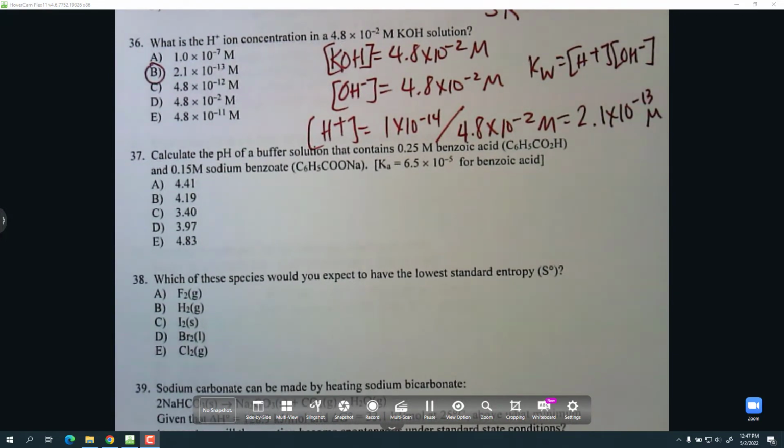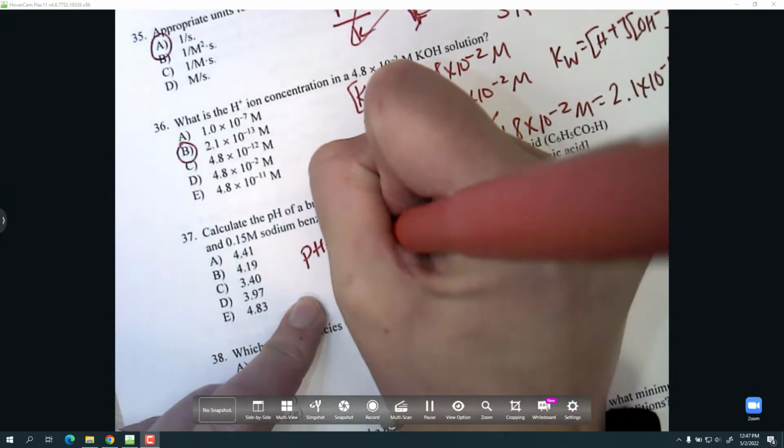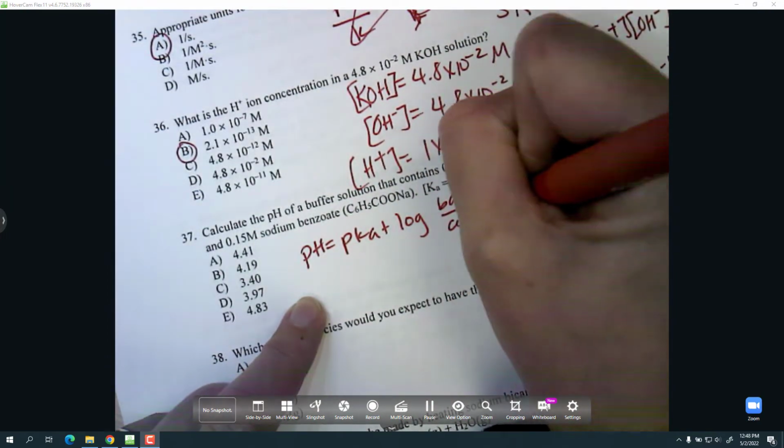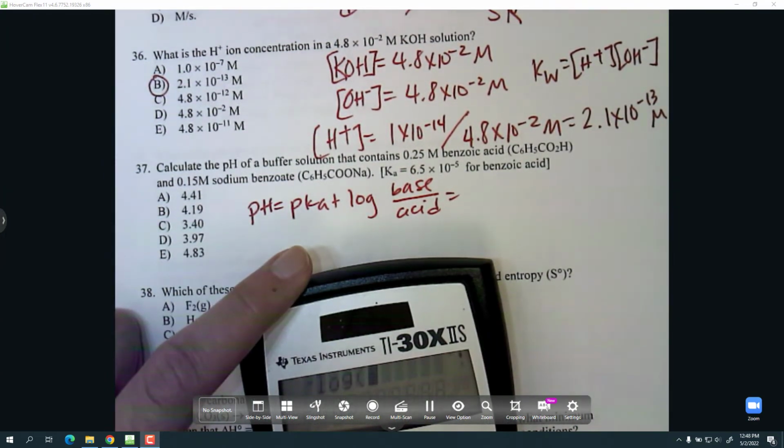All right, calculate the pH of a buffer. Remember that there's an equation for that. pKa plus log of base over acid. pKa is minus the log. I don't have the pKa, so I need it, minus the log of the Ka.